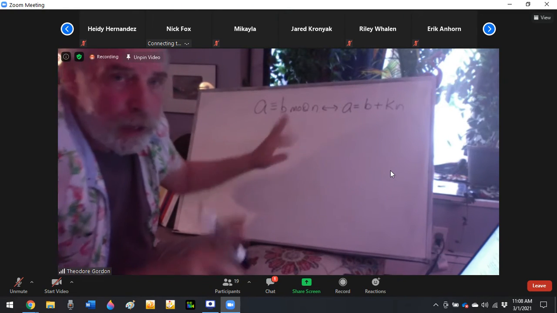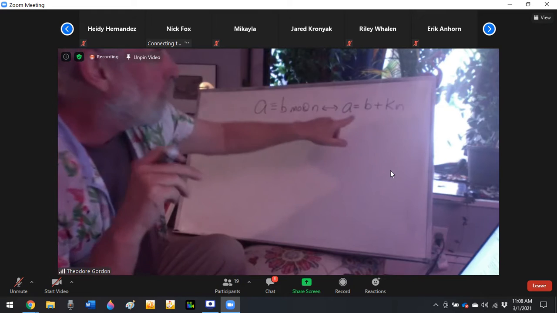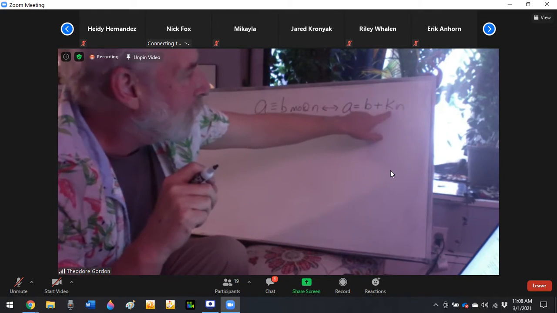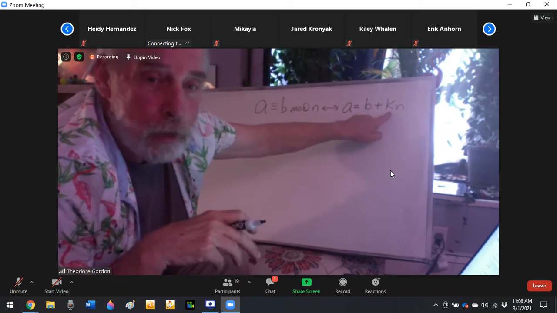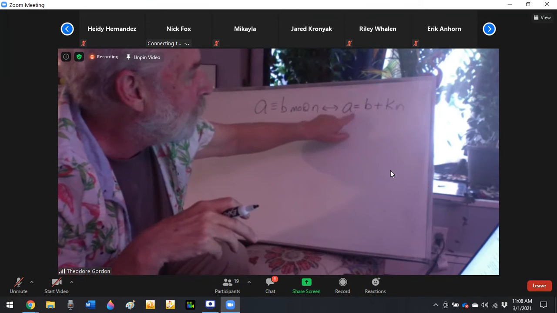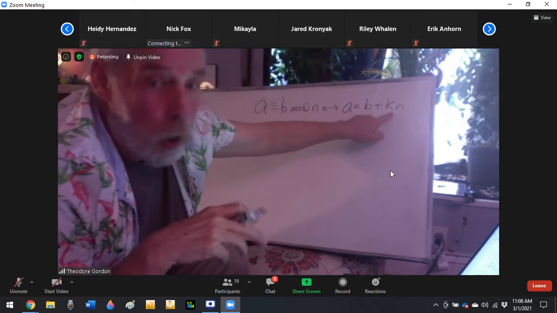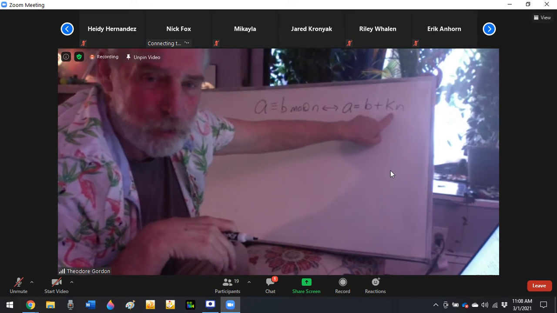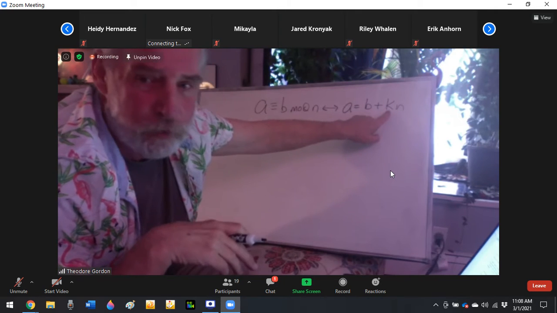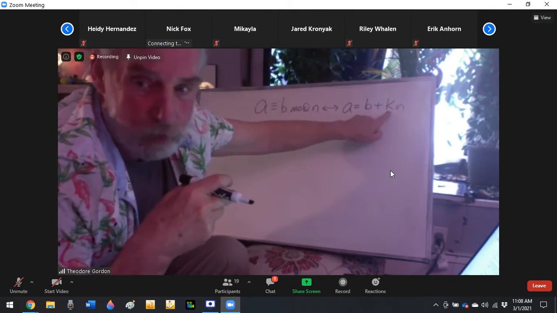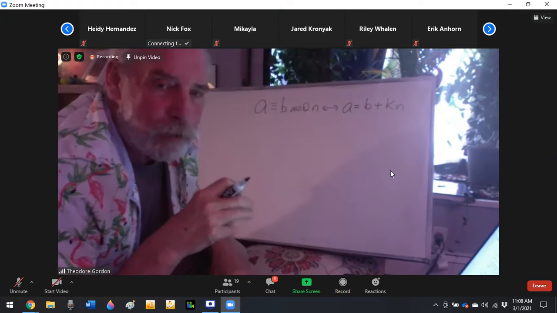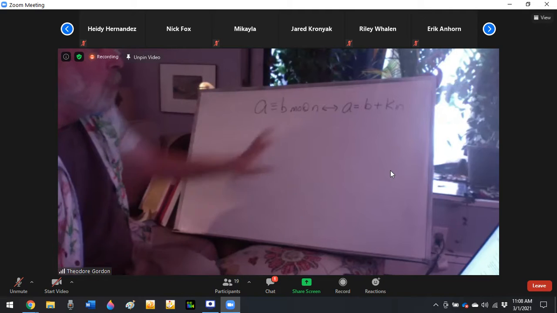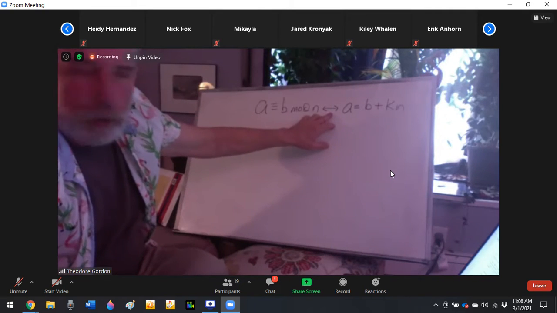But when we change that into quote unquote regular arithmetic, it just means A is equal to B plus any or every multiple of N. K can be any integer, or K can be every integer, and this works. Is that a little hint about that one on the test? So this is a definition also, if and only if.